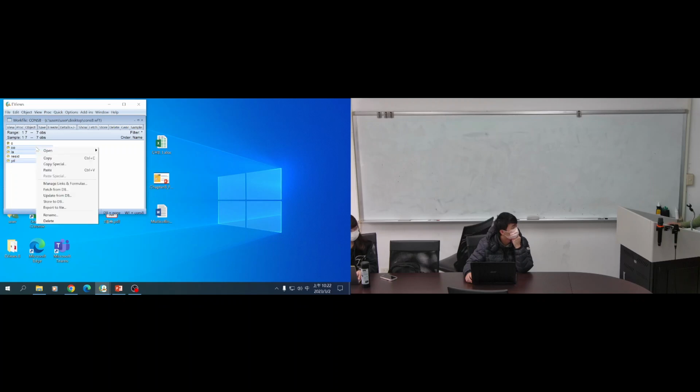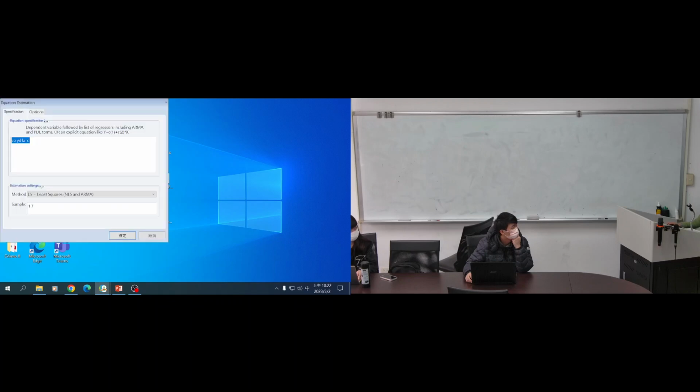Then hit the right key, then open as an equation. Do you see that? Choose as an equation, then you will see a picture like this. We're using the ordinary least squares method, which is the first one.